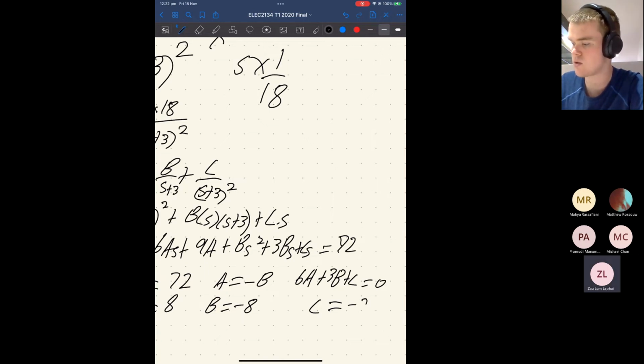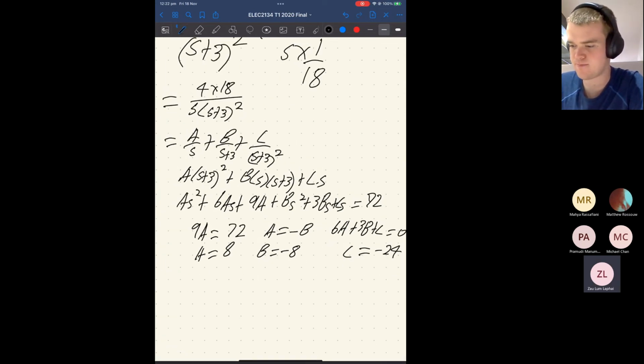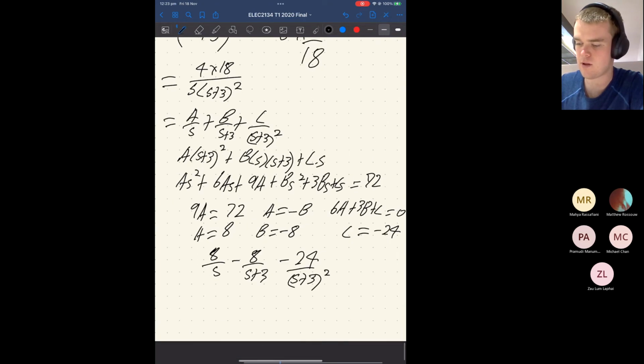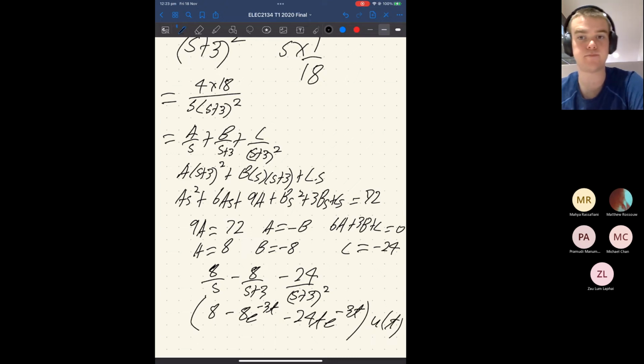So it's equal to minus 24 on S plus 3 squared. Okay. And then we will get 8 minus 8 e to the minus 3t minus 24t e to the minus 3t u of t. And there we go.